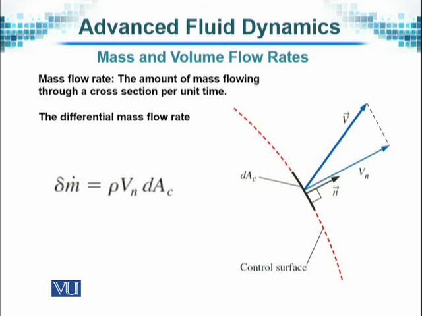So, as we have described above, this is showing the differential mass flow rate, a small infinitesimal variation. We are trying to show it through this picture as well. If we consider an arbitrary surface on which the fluid is flowing, you see a small area being considered, and the surface is a curve.